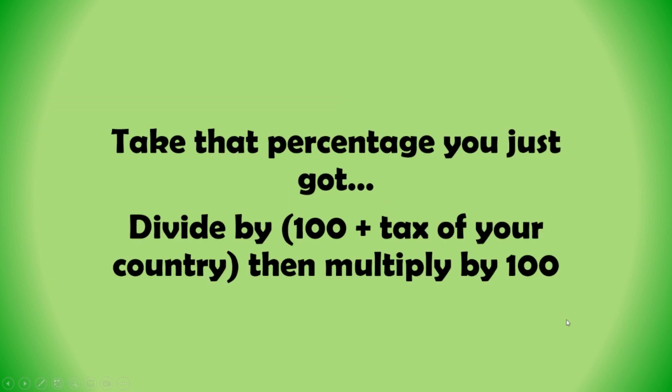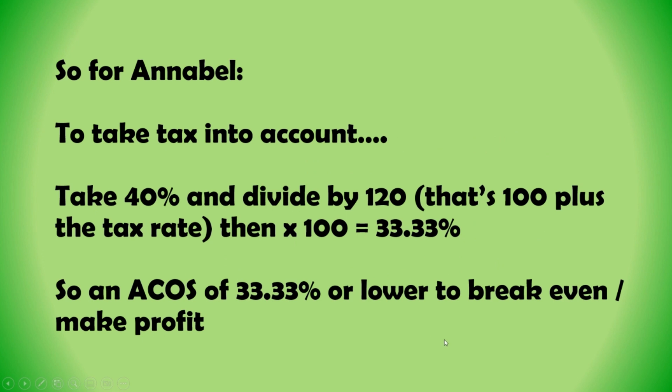In order to take this into account, you take the percentage that you've just got and you divide that by 100 plus the tax of your country and then multiply it by 100. Now I'm sorry if this sounds complicated, but it will become clearer. So 100 plus the tax, which is 20% in the UK. So you take your percentage and you divide it by 120 and then you multiply it by 100.